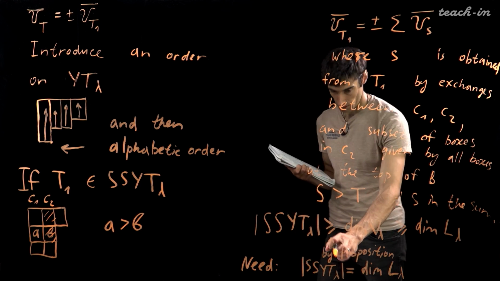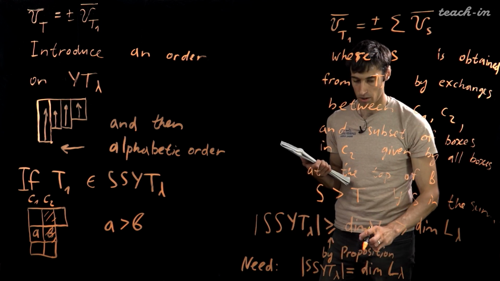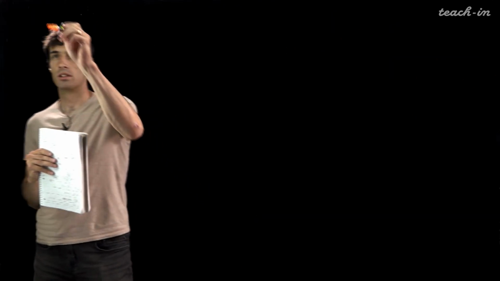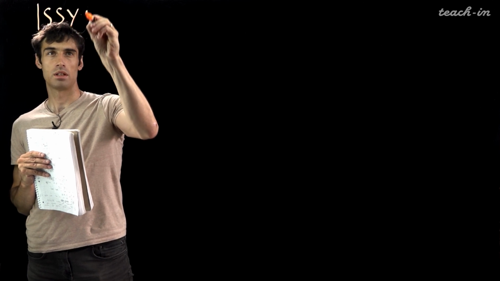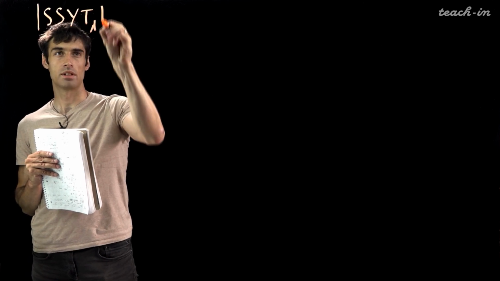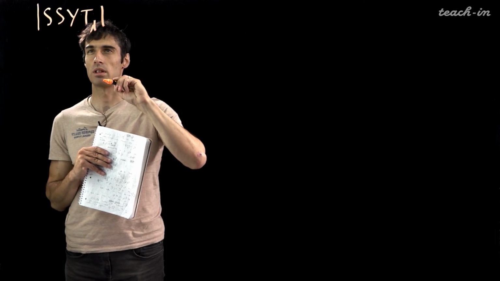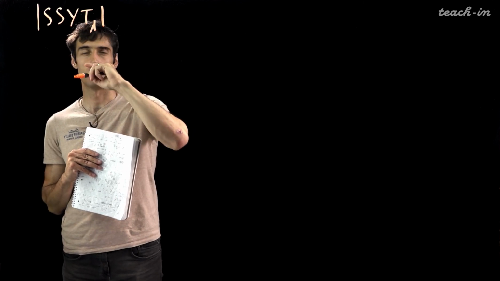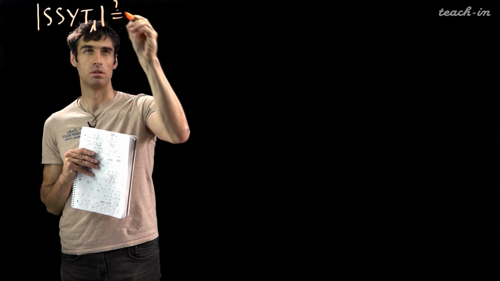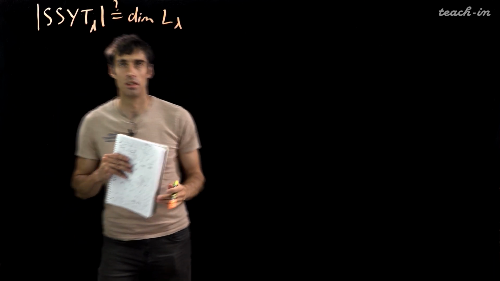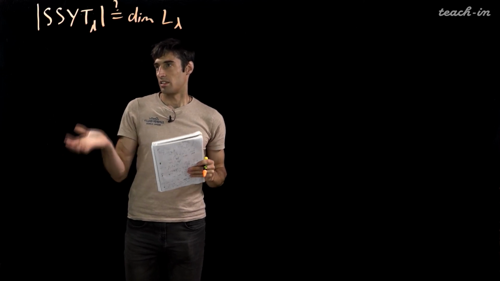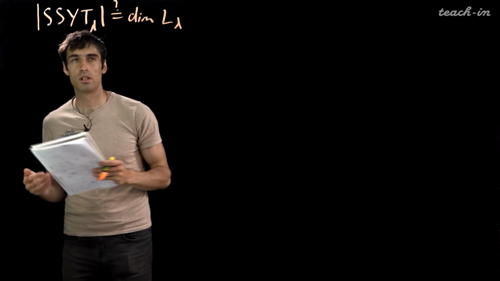And is it equal to the dimension of L lambda? Okay, so again, the question: is the size of the set of all semi-standard Young tableaux of shape lambda equal to the dimension of L lambda or not? Of course, it is, but how to see that?